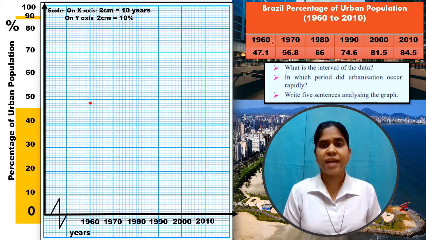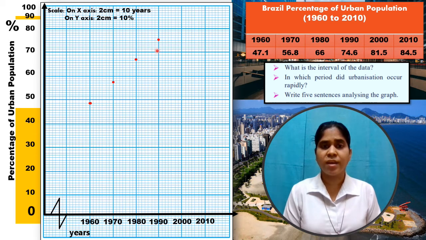First, in 1960 we have 47.1. So mark over here 47.1. 1970 we have 56.8. Mark over here 56.8. 1980 we have 66. So mark over here 66. 1990 we have 74.6.